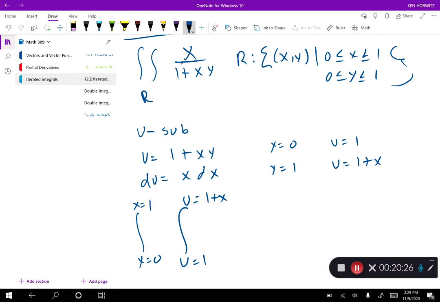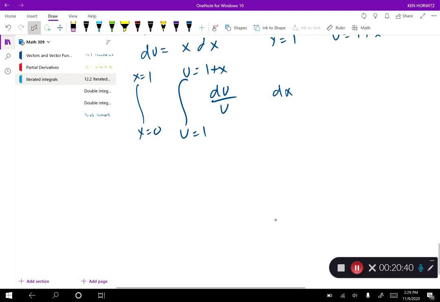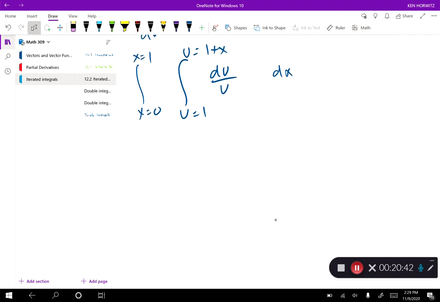What my substitutions basically tell me is I have du over u with a little dx out here. I'm going to do my inside integral first. So why don't you pause the video at this point and knock out that inside integral for me.